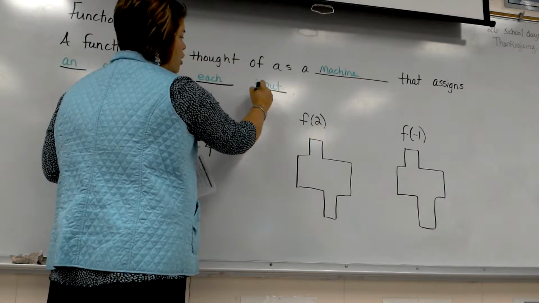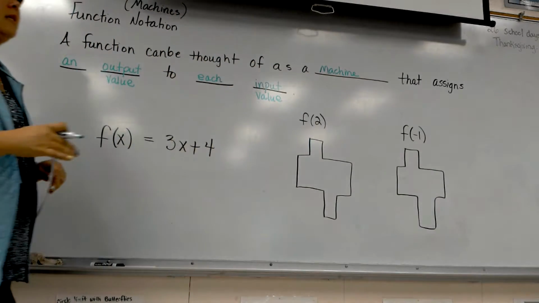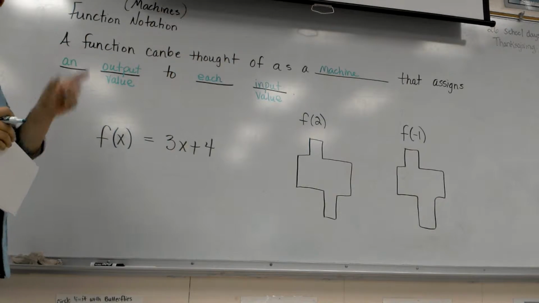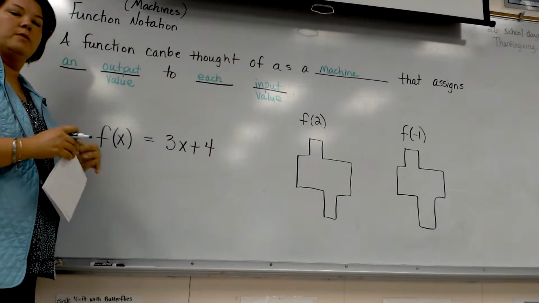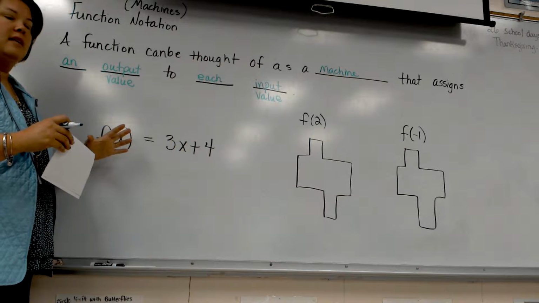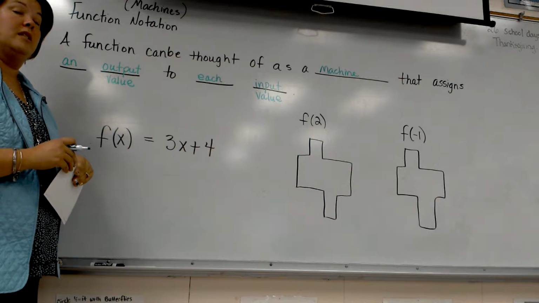And you've probably heard those terms before, input and output. If you remember back on the table, the x coordinate is your input, that's what you're putting in, and then your y coordinate is what you're going to be putting out. This connects what we talked about last week to what we're moving into now, which is the equation part.